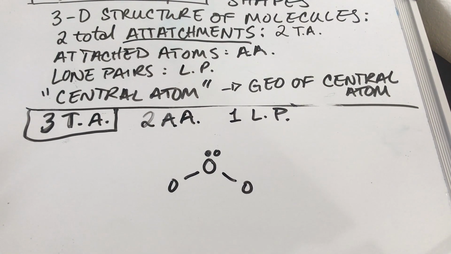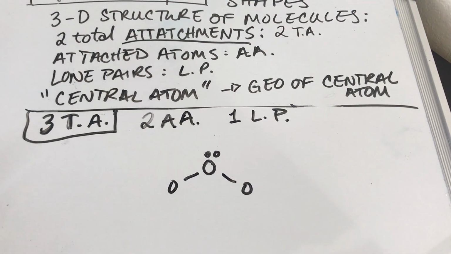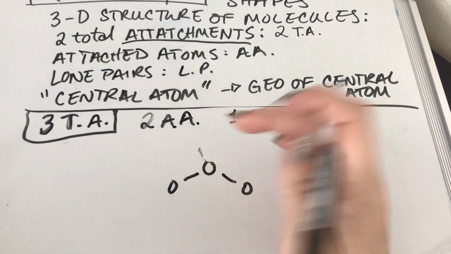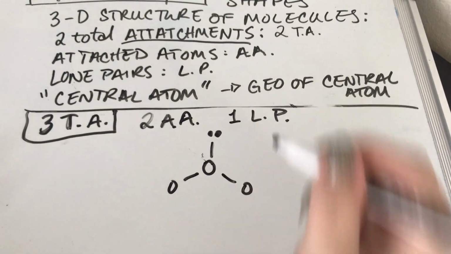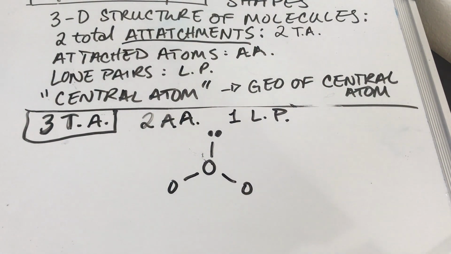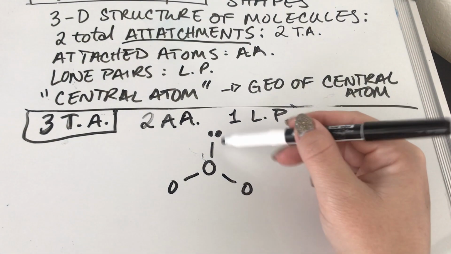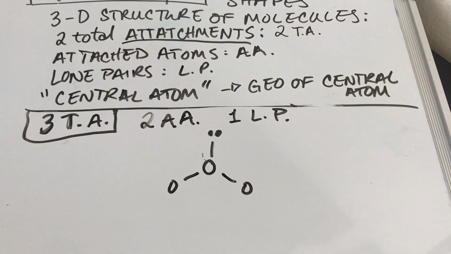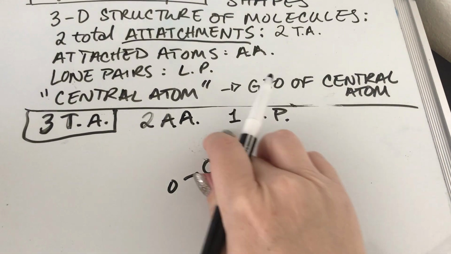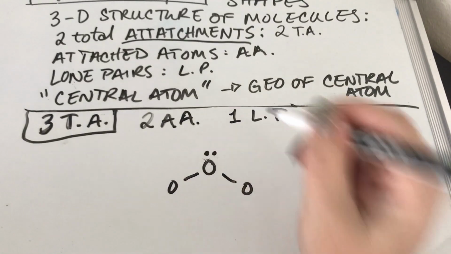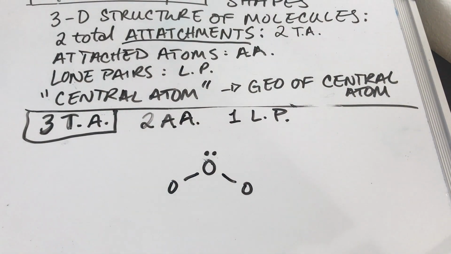Now, a lot of the times, the way that the tables draw this, they literally will draw it like this. I think it's a little confusing like that, because that's not the way it looks in the Lewis structure. It's not like coming off of the atom. So I like to draw it like this, okay? You guys all right with that?